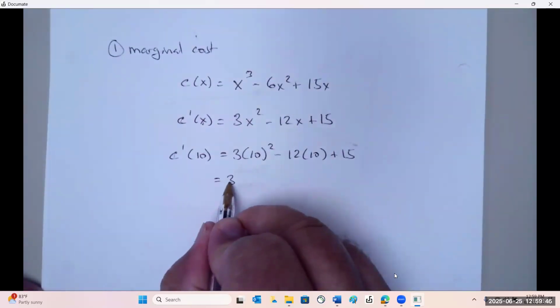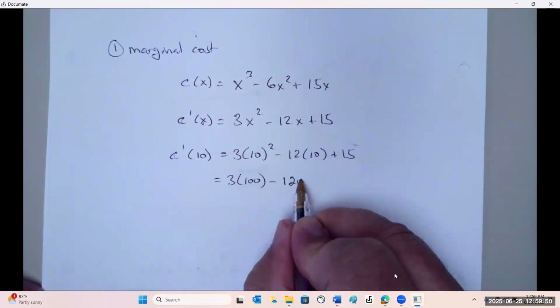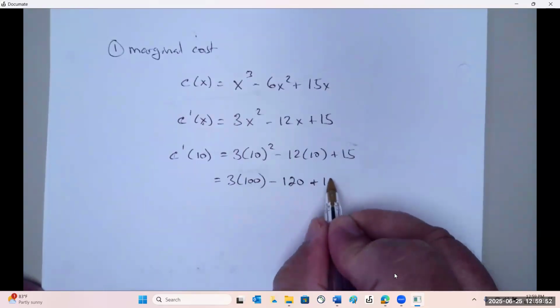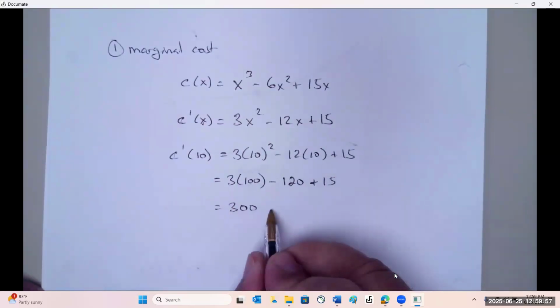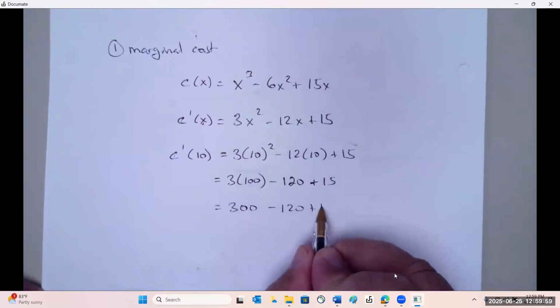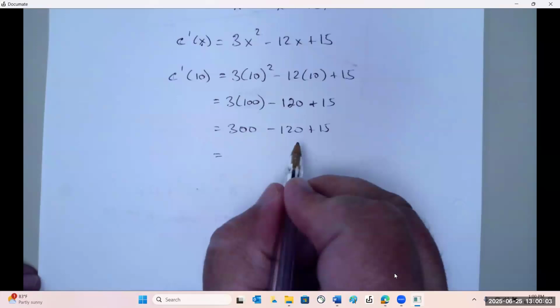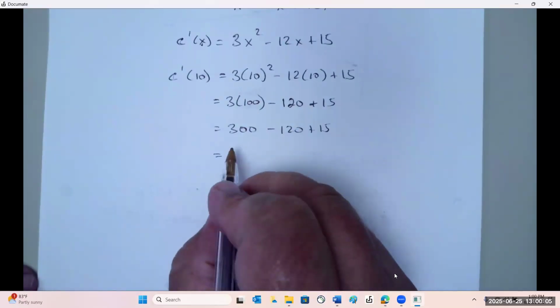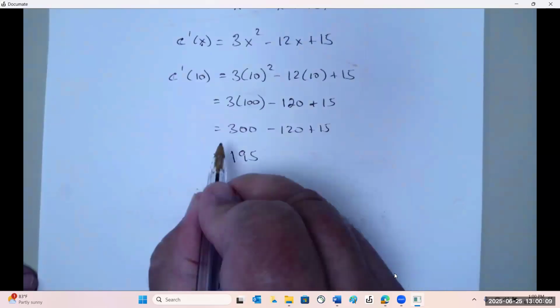So we have 3 times 100 minus 120, so it's 300 minus 120 plus 15. 300 minus 120 is 180, plus 15 is 195.